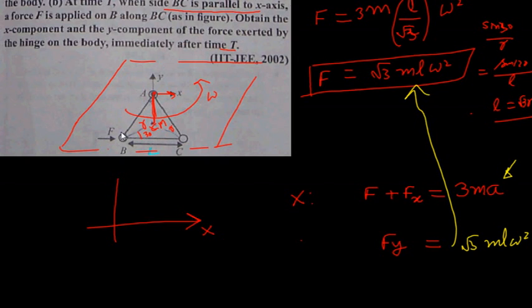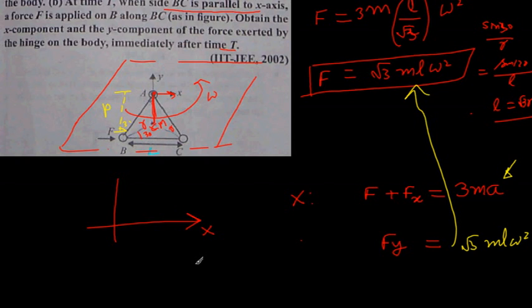This force F will exert some torque, and the torque value would be F into the perpendicular distance, say P. The total length is L, this length is L, and this angle is 30 degrees. You can find out the value of P: root 3L by 2.